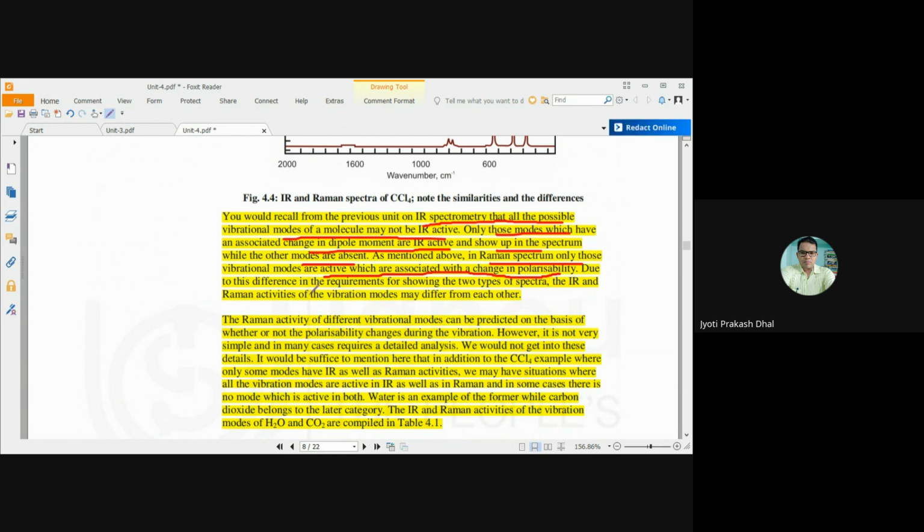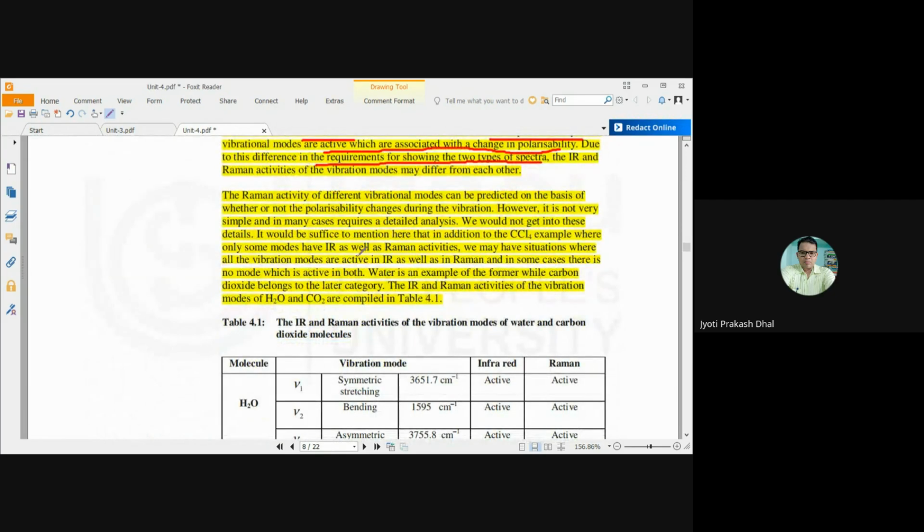So due to this difference in the requirements for showing the two types of spectra, the IR and Raman activity of the vibrational modes may be different from each other. The Raman activity of different vibrational modes can be predicted on the basis of whether or not the polarizability changes during the vibration.